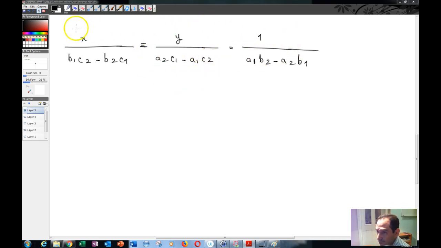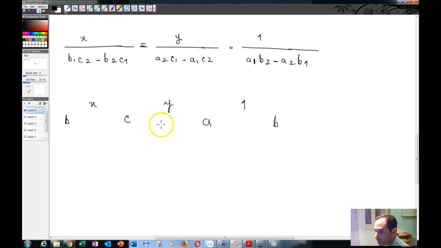Now the way that you can actually memorize this thing is that you can write here x, y, and 1, meaning that x, y, and 1 are the numerators here, and then here you have b and c, here you'll have c and a, and here you have b again.